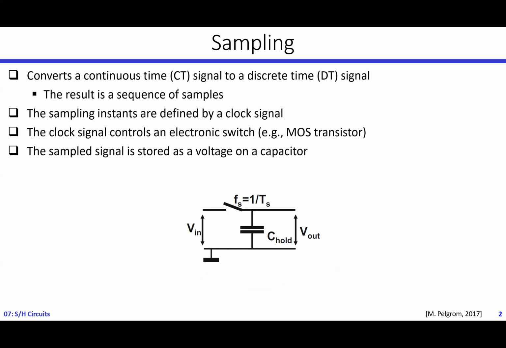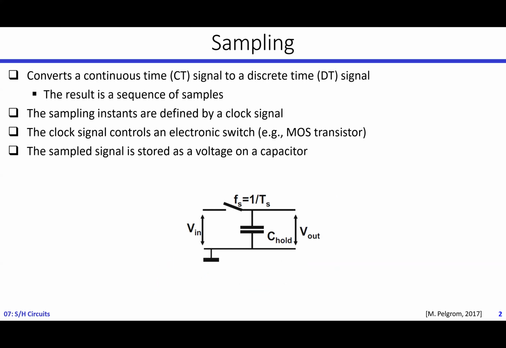So we convert from continuous time into discrete time, and those samples come at every TS of our sampling clock. The sampling instances are defined according to the clock.